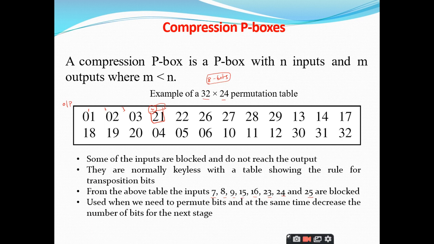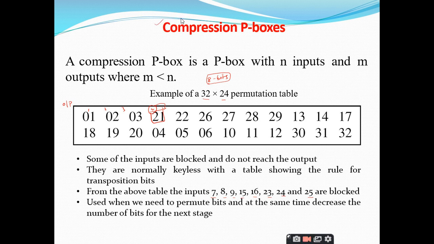Is it clear? As I told, compression P boxes are used to permute the bits. What do you mean by permutation? Arrangements, right? Whenever you want to rearrange the bits, and at the same time decrease the number of bits for the next stage, you may make use of these compression P boxes.